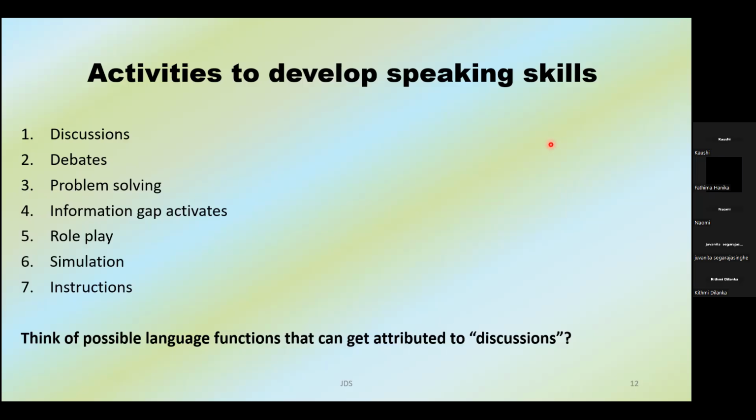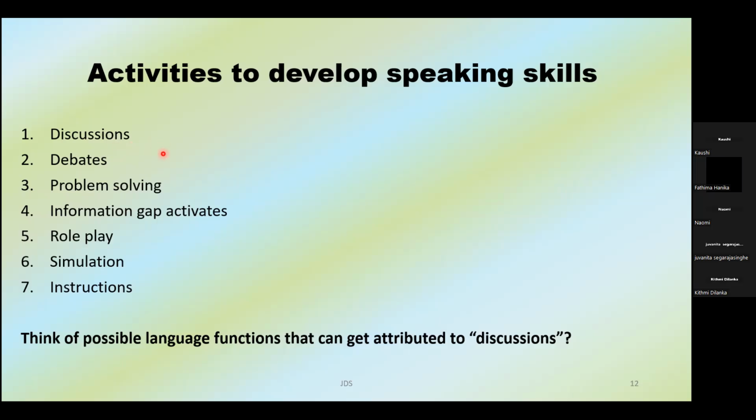So see, before we ask them to engage in a discussion, the learners should be able to handle these kinds of language functions. Otherwise, what will happen is they will be busy discussing something else, or they won't do anything. They will be just idling, and this activity will never be successful.